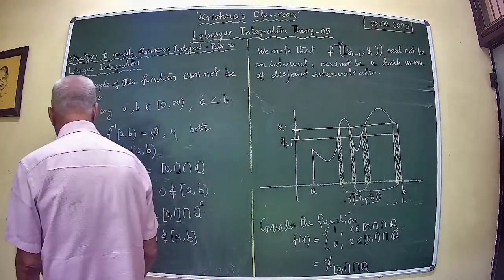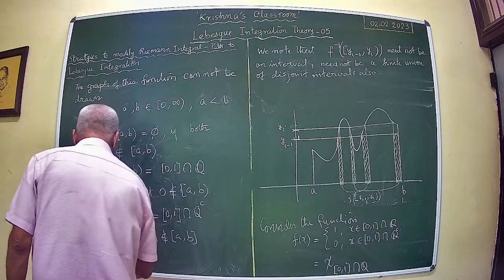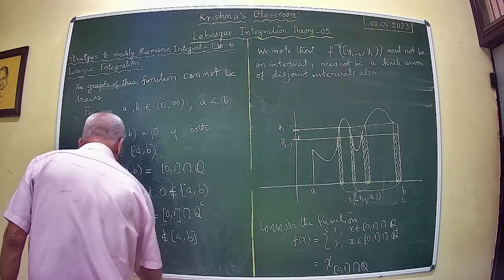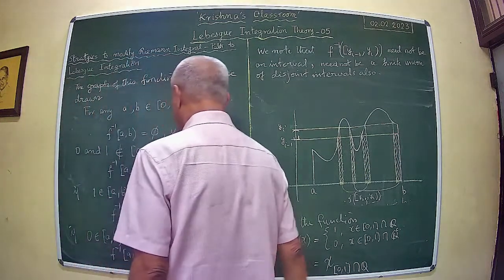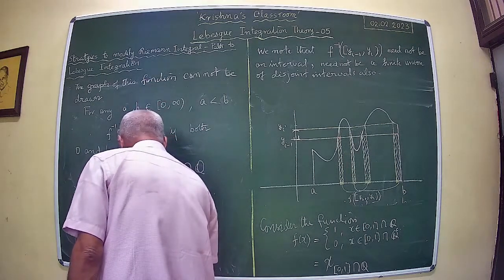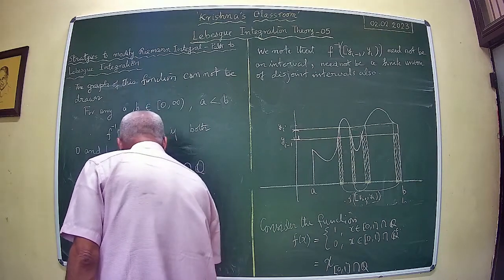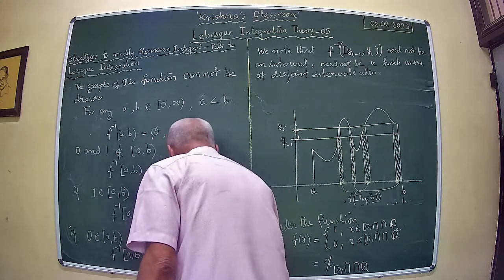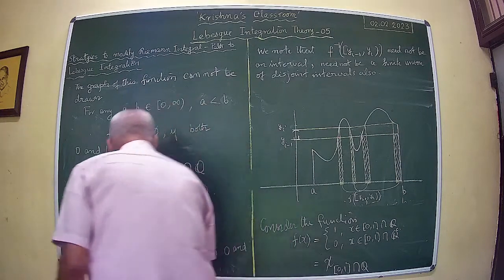And f inverse of (a,b) is equal to the whole interval [0,1] if both 0 and 1 belong to (a,b).